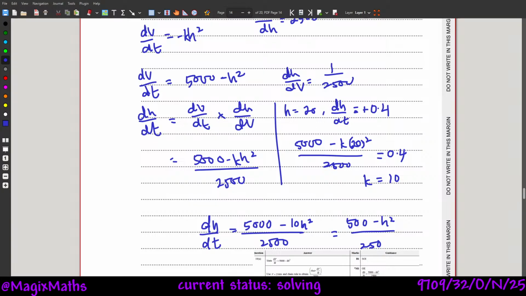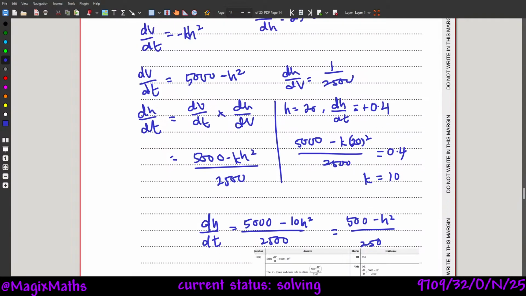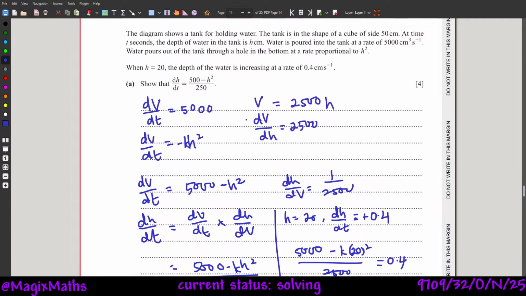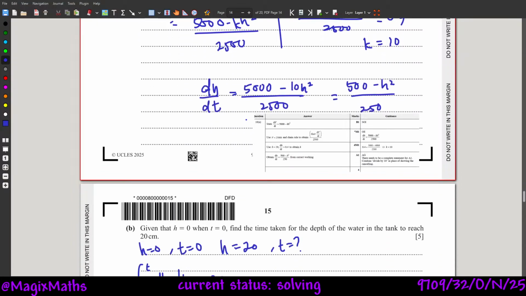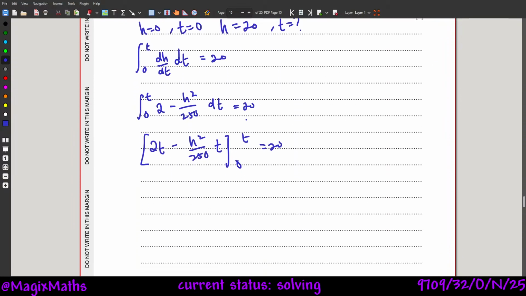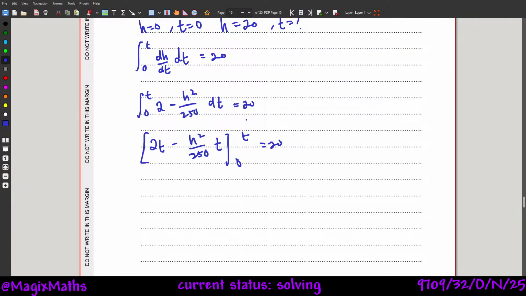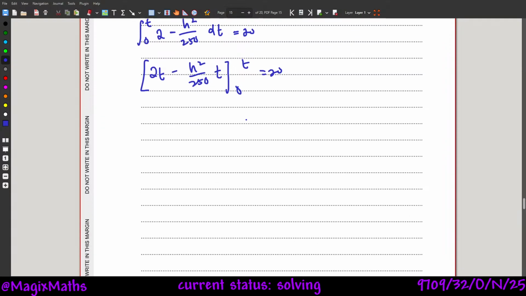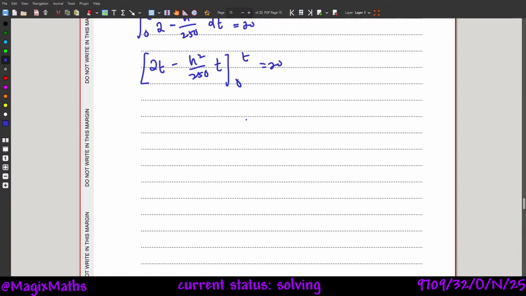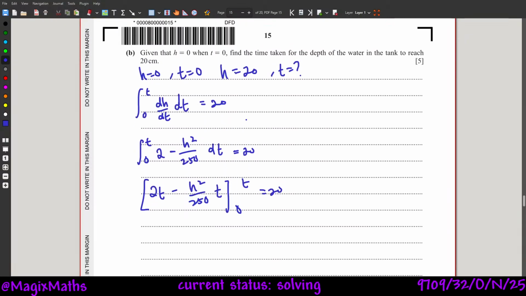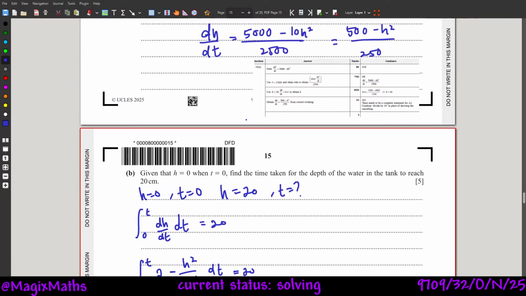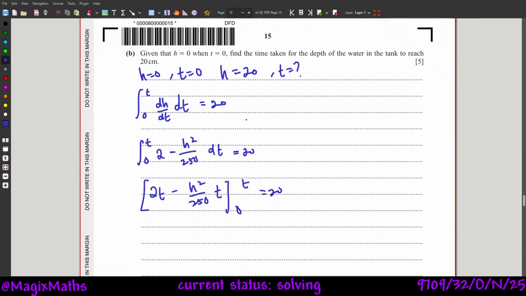We're supposed to find dh/dt in terms of time, you know. I feel like I'm missing something.